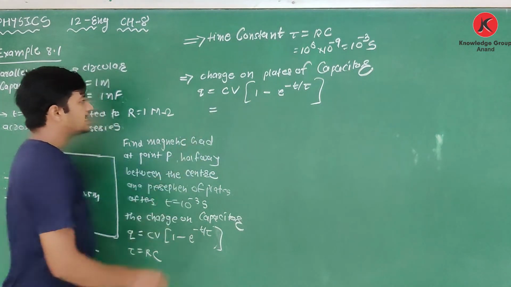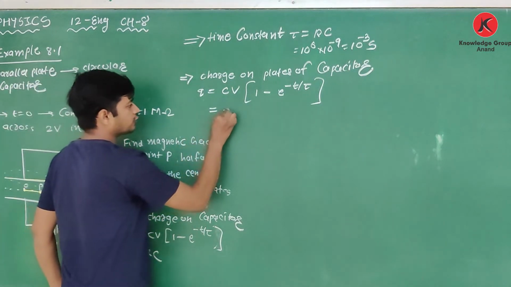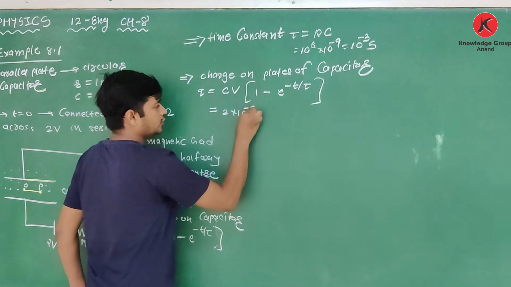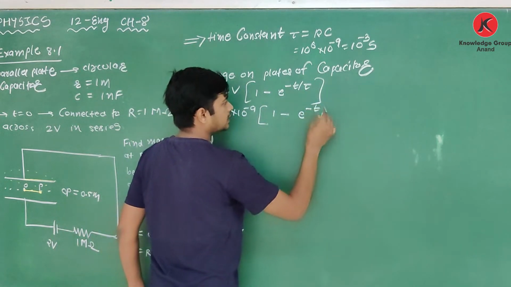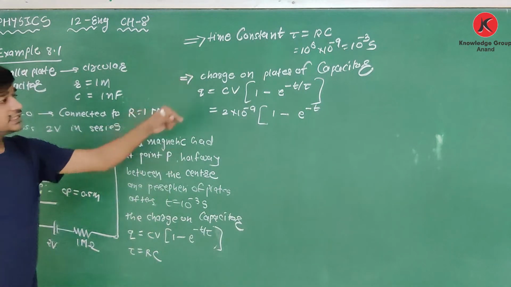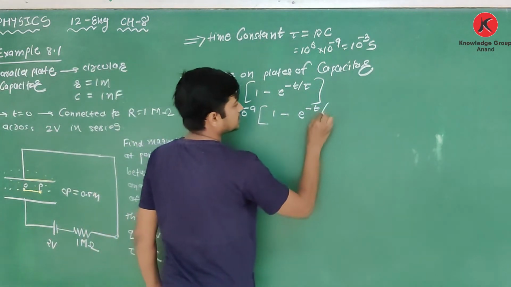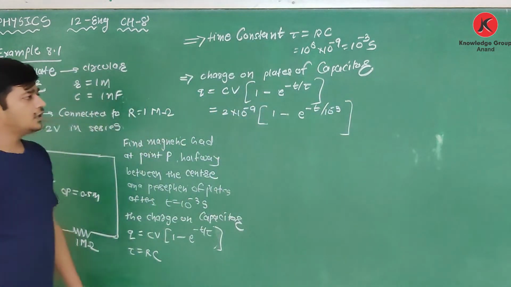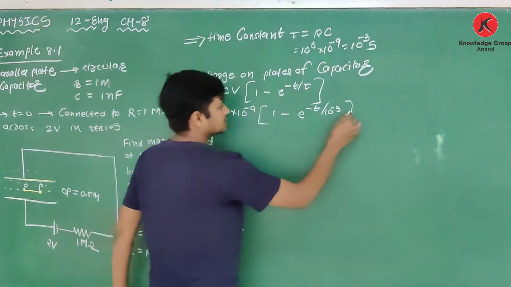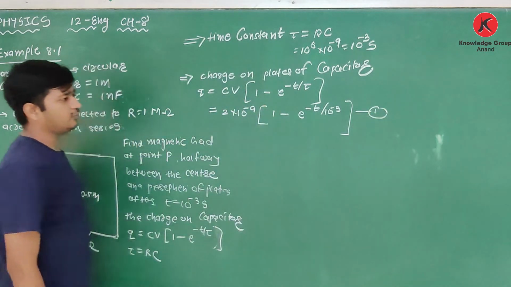What is the value of C? C is obviously 10 raised to minus 9, and V is 2, so it is 2 into 10 raised to minus 9, times (1 minus e raised to minus t divided by tau). What is the value of tau? Here it is 10 raised to minus 3, so t is divided by 10 raised to minus 3. Simple? Now take this as it is; this is the value of Q.